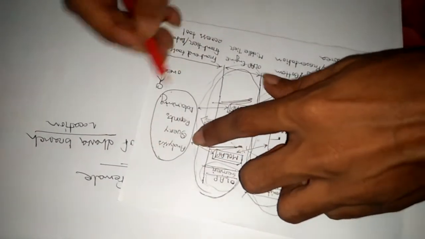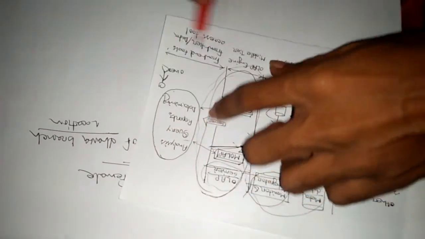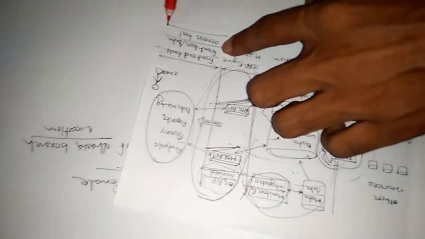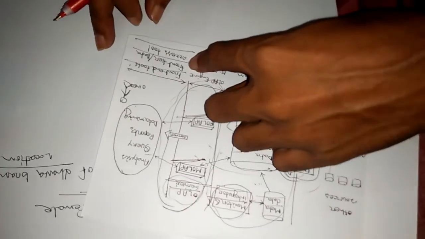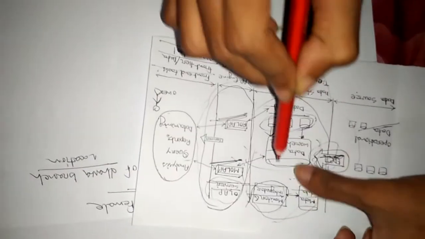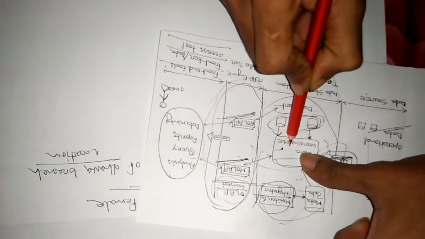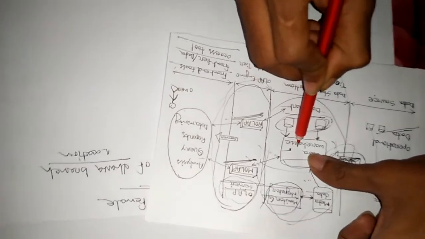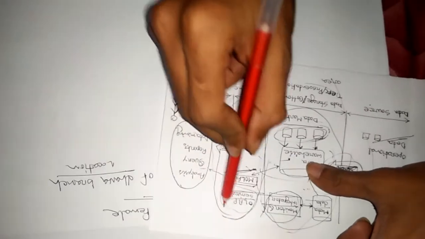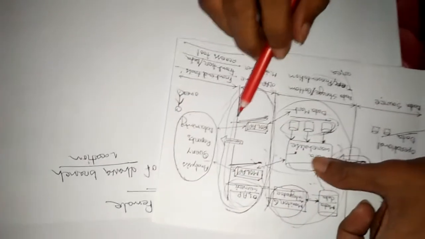And now the last part, which is called the front end tool or front end data access tool. What is it? It means once data is available in the presentation area, it is accessed by the owner using a data access tool.